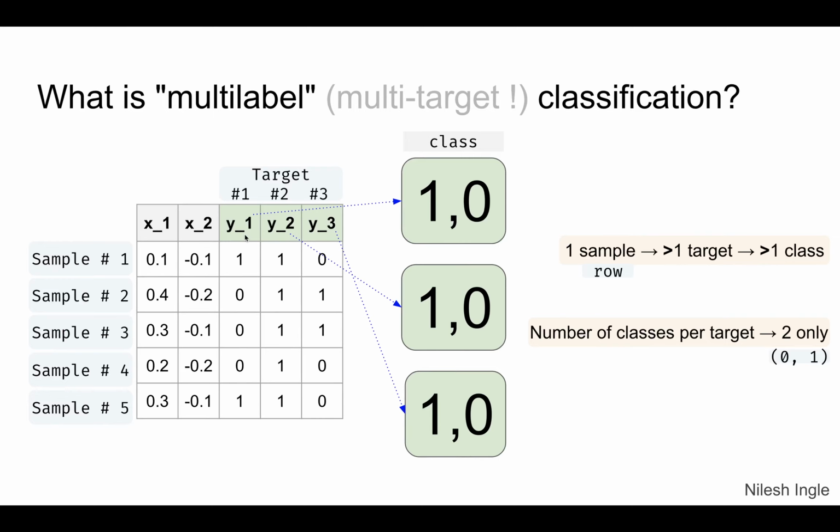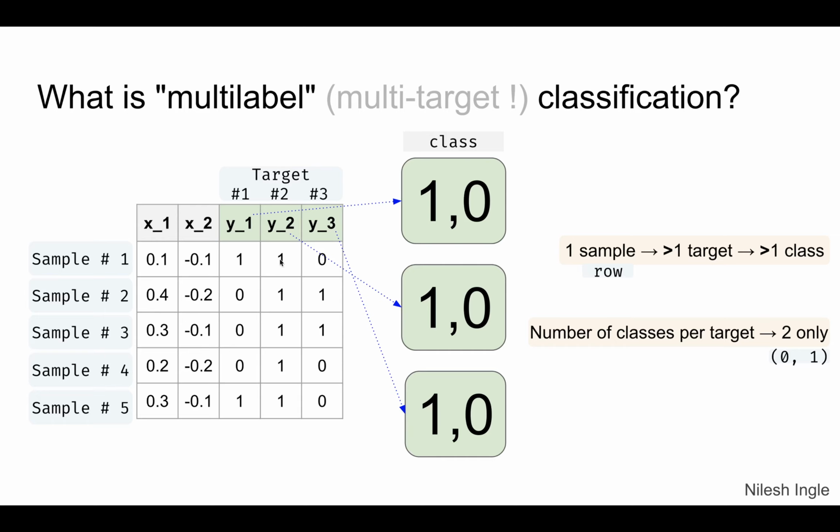So each target column has two classes, either 1 or 0. So the sample 1 in this case can belong to more than one class from different targets. For example, here this belongs to class 1 in target y1, class 1 again in target y2, and in y3 it does not belong to class 1 from the target y3.